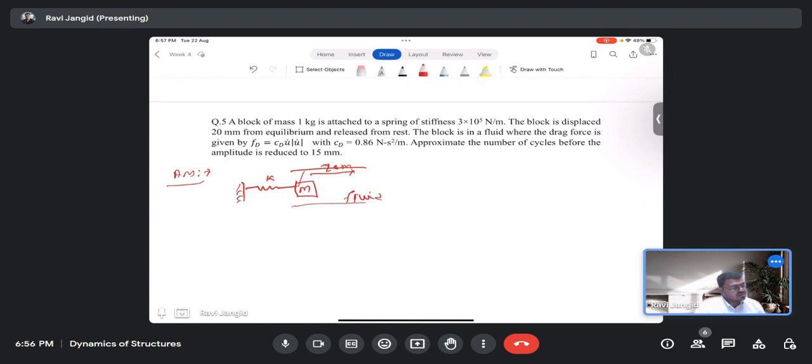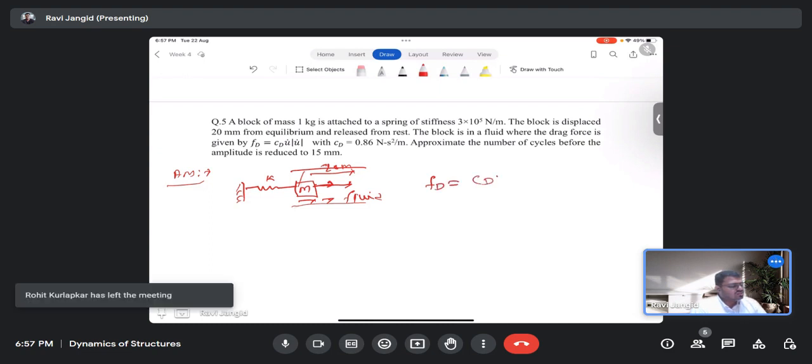So the block is in the fluid where the drag force is given by Fd. When the mass is given the initial displacement and then released, there is a drag force by the fluid Fd, which is given by Cd into u dot into u dot.